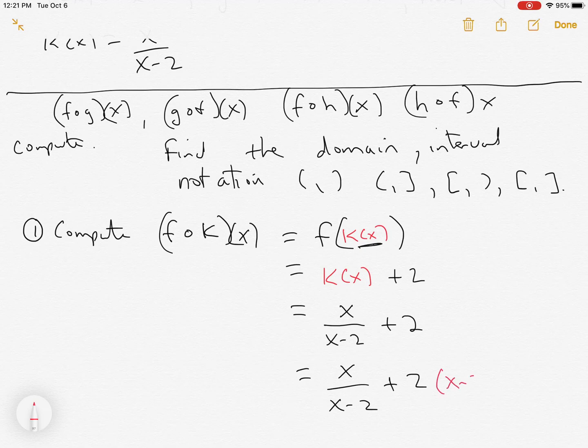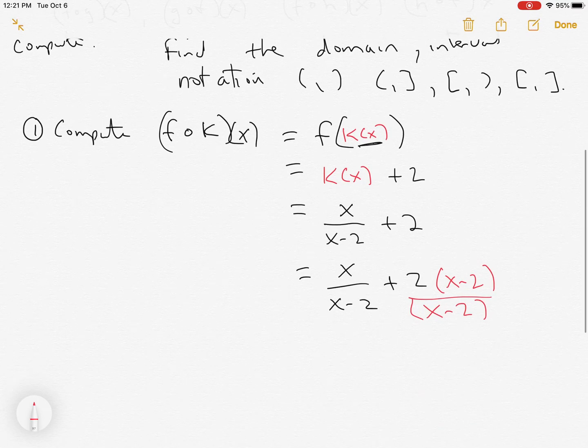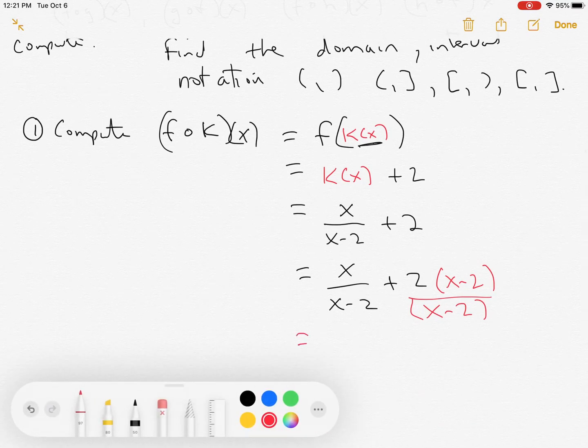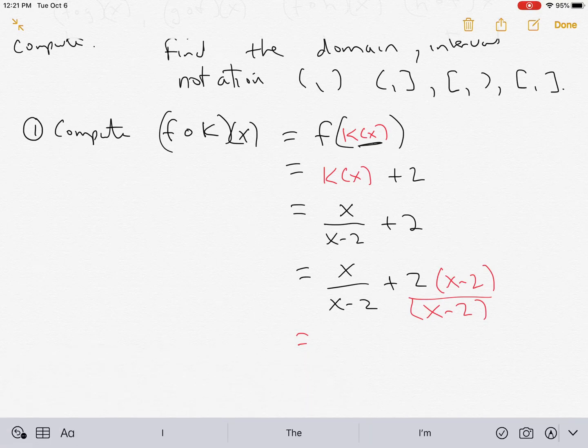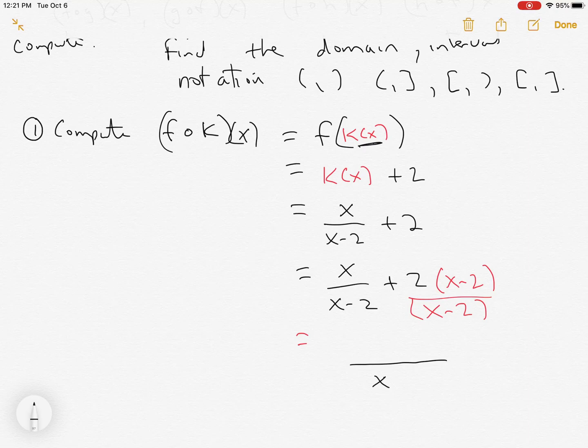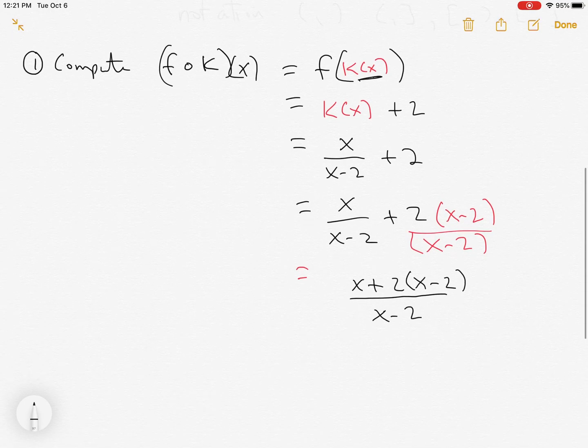So I multiply the top and the bottom by x minus 2. And now that I have a common denominator, I can put everything over that common denominator, and then I have x plus 2 times x minus 2. And then lastly, clean it up.